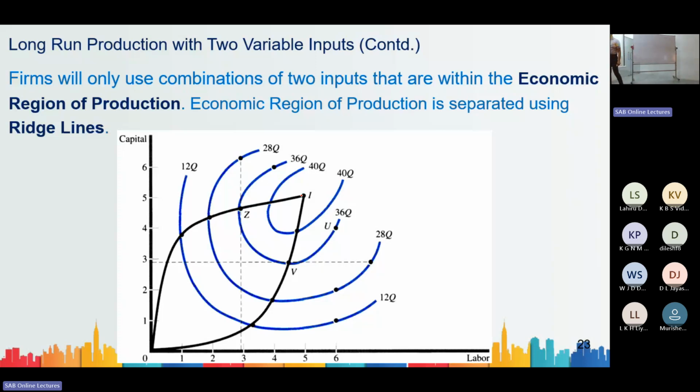So this is the upper ridge line. This is the lower ridge line.